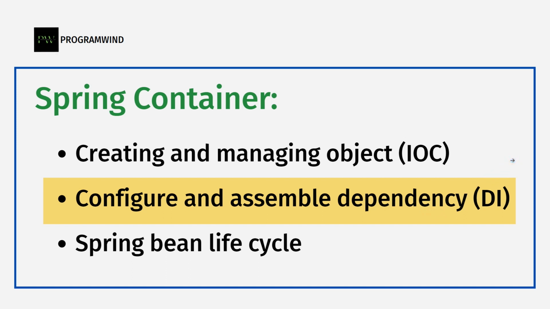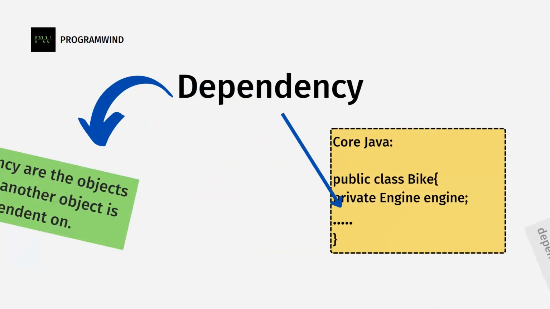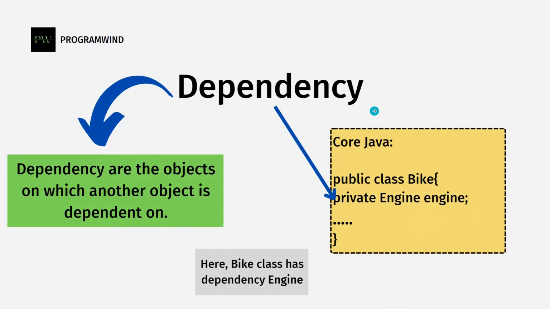So first question is what actually does dependency mean. Dependency is actually when you are storing an object inside another object. If I tell you in simple terms, this is storing a reference variable.